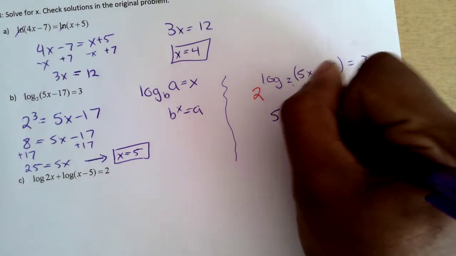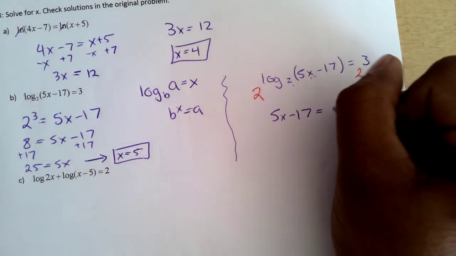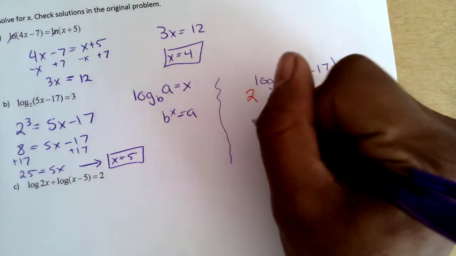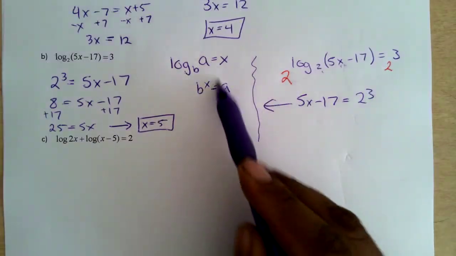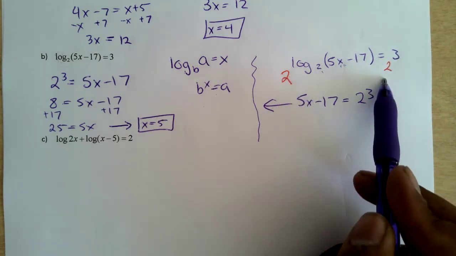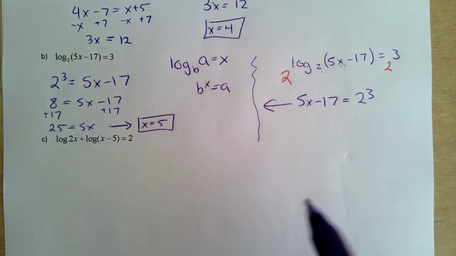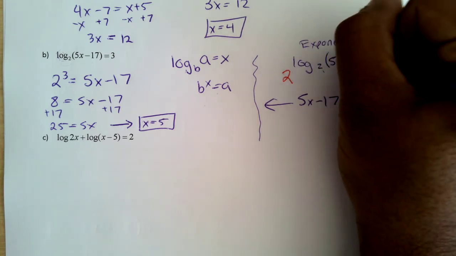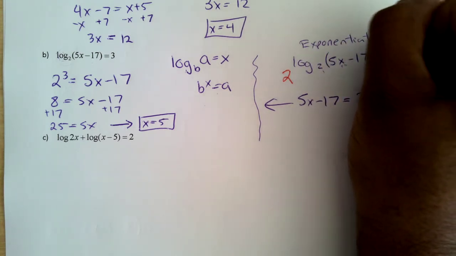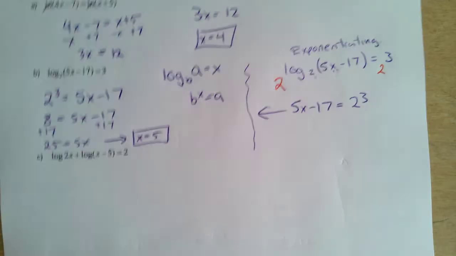And we'd get 5x minus 17 equals 2 to the third, which is what I had over there. If you like having, not reformatting, but having an operation to do, well, this operation is called exponentiating, okay? Exponentiating. And I don't know if I actually spelled that right, but it's fun to say.